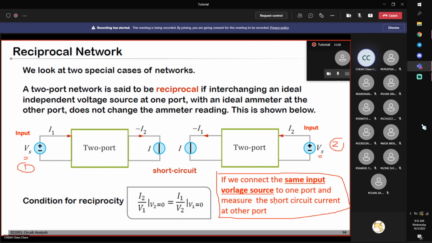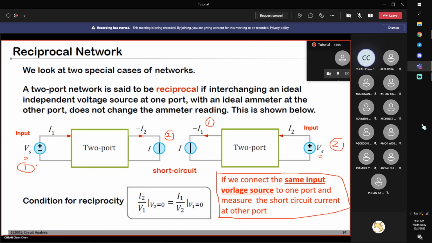After that, measure the short circuit current of the other port. So over here, you put the voltage source at port 1, then you measure the short circuit current at port 2. That means you short it, connect an ammeter there. Same thing, if you put your input at port 2, the other way around, and then similarly you measure the current at port 1.